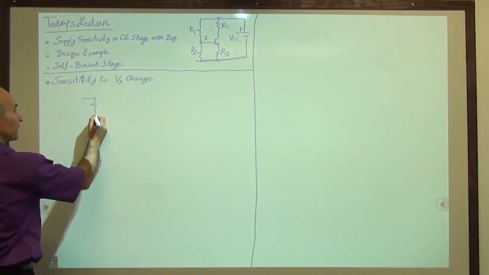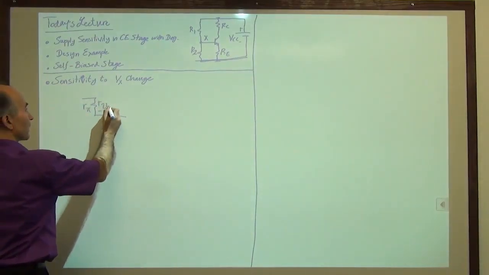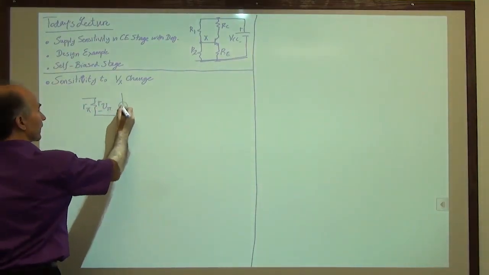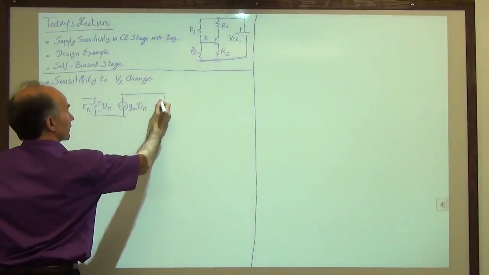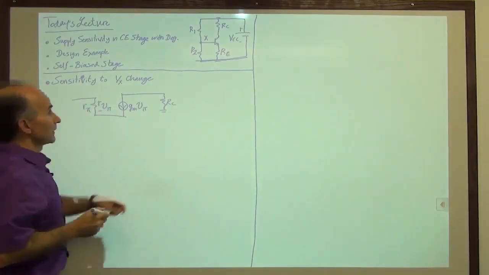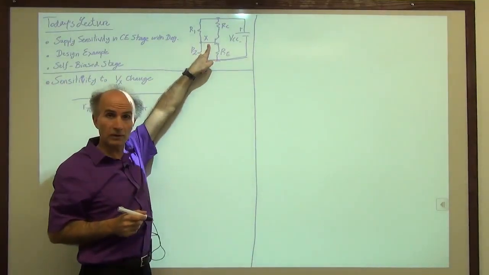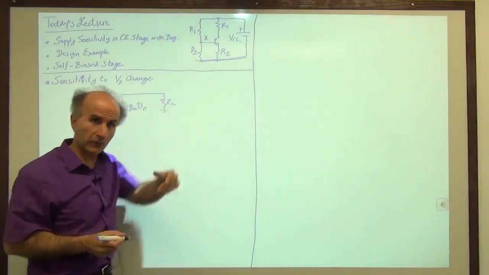So here's what we have, R pi with a voltage of V pi on it. Then we have gm V pi. We have a resistor RC. I modeled this change in the voltage by some AC small signal voltage source.